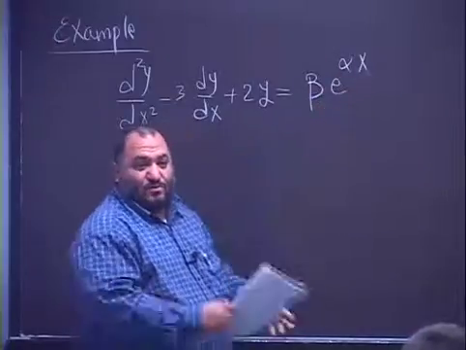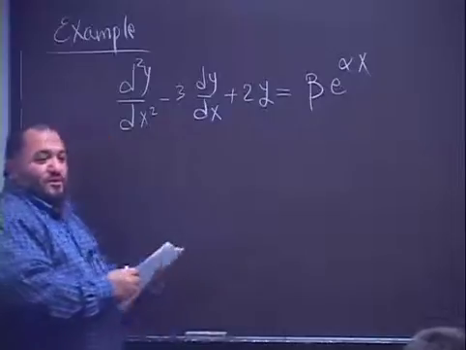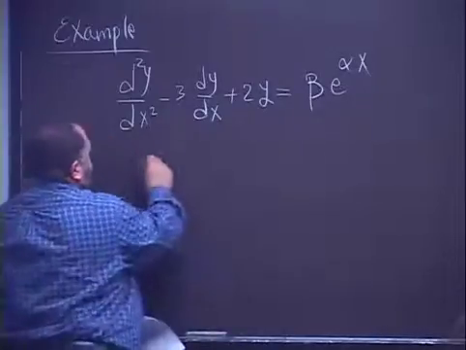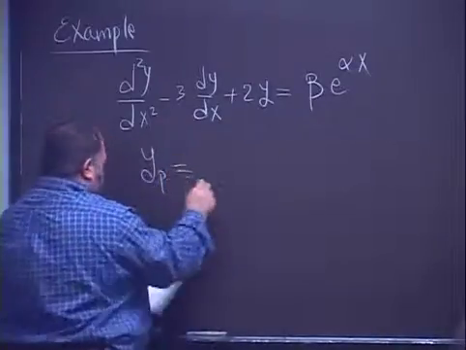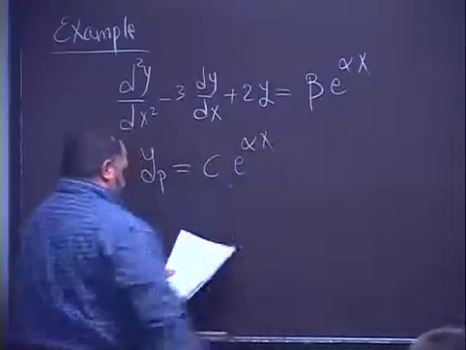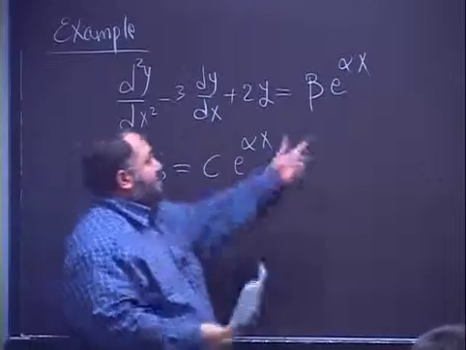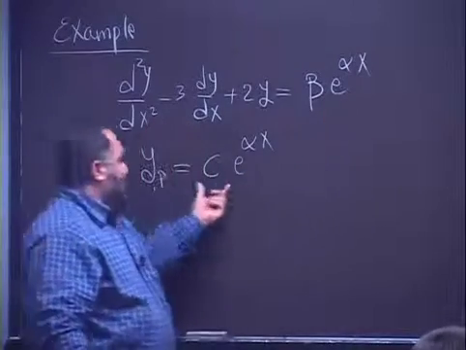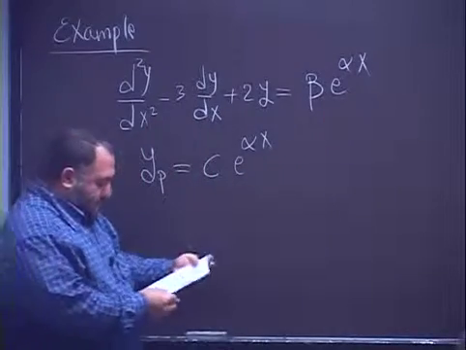So what will be a good choice for the particular solution? y particular equal to c e to the power of alpha x. So we'll have the same form but with a different coefficient.